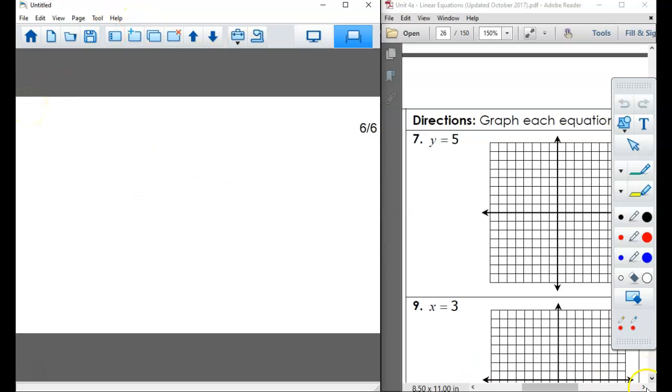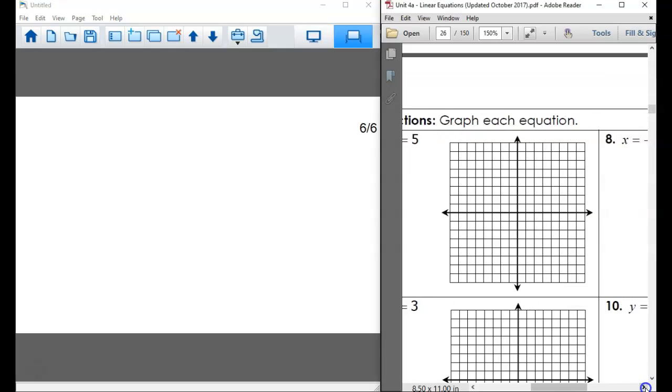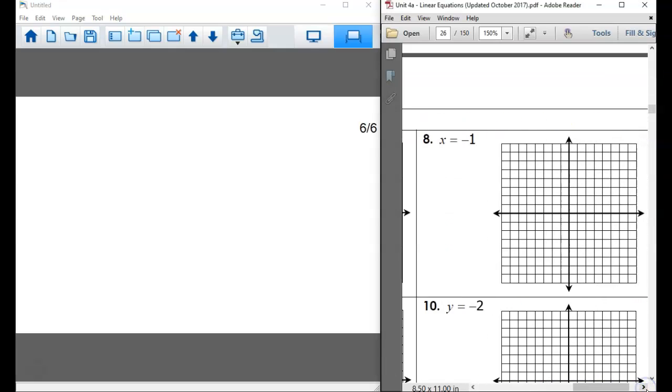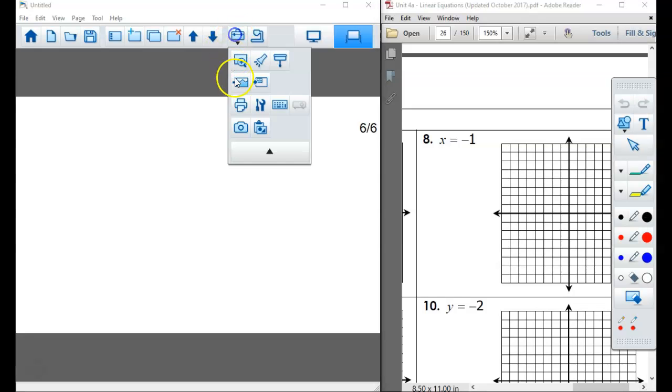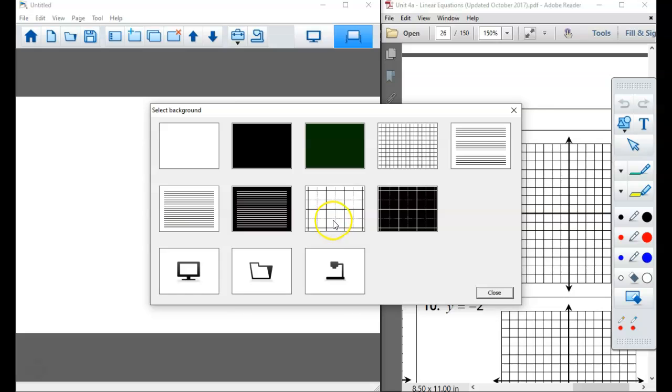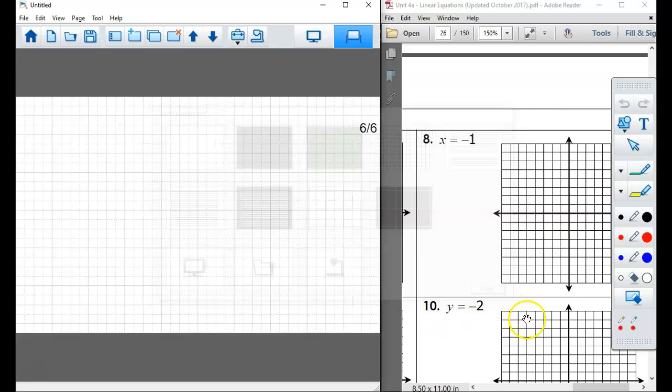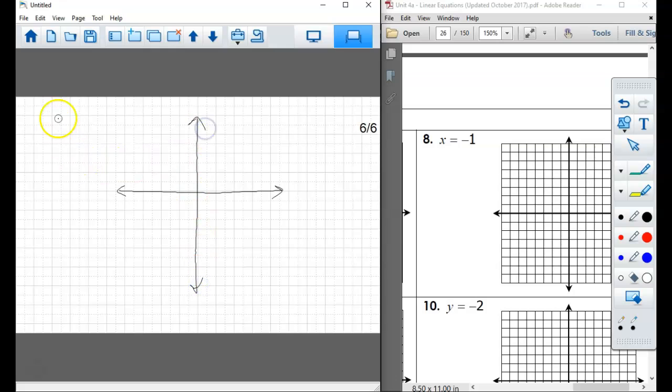Let's do number 8 over here. And you'll notice on number 8, we are graphing x equal to a negative 1. So let me get us set up. All right, so notice what this equation is telling you.